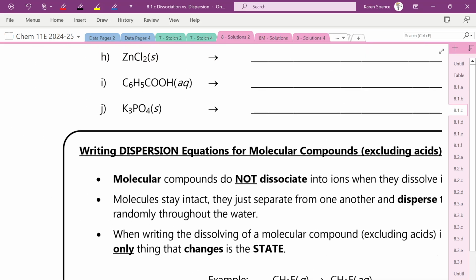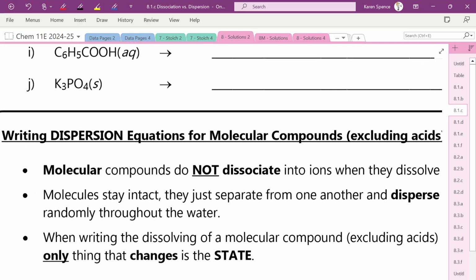And then, do you remember what dispersion is? Dispersion means that they don't tear the atoms apart and become ions. It's just the molecules separating from one another. You can also call it dispersal. So you are looking for molecular compounds. Those are ones that don't start with a metal or NH4.